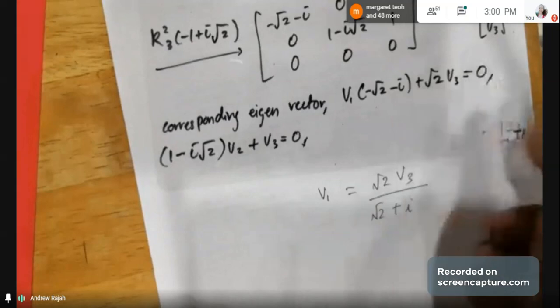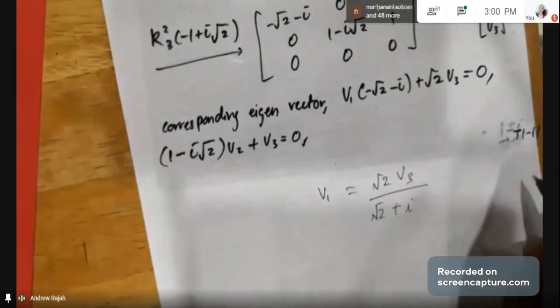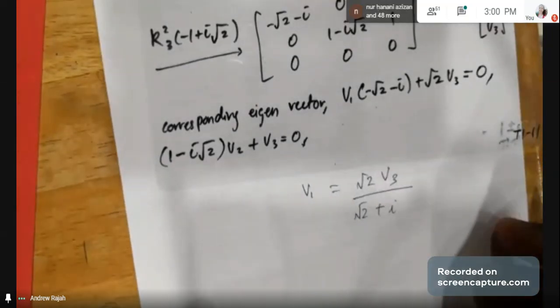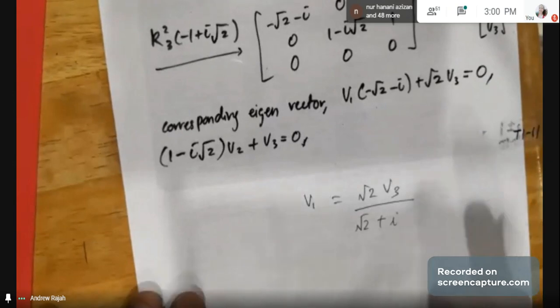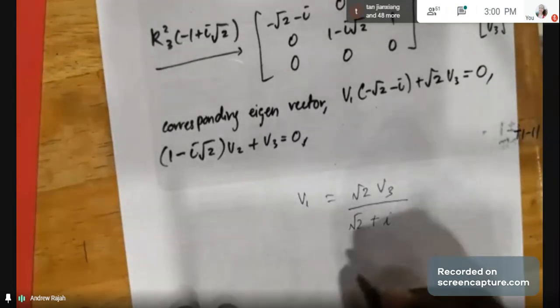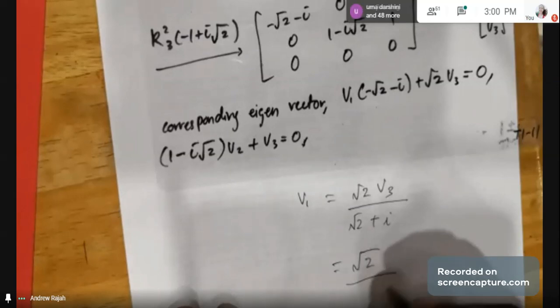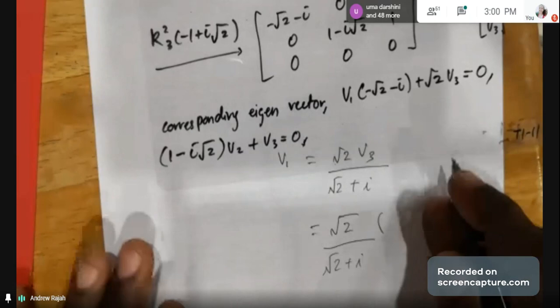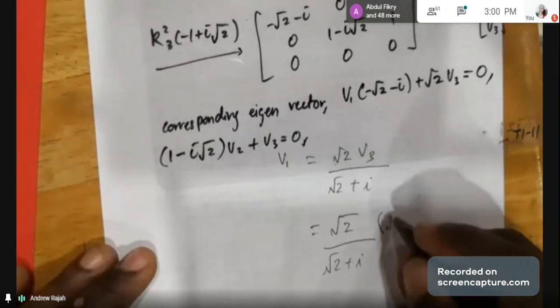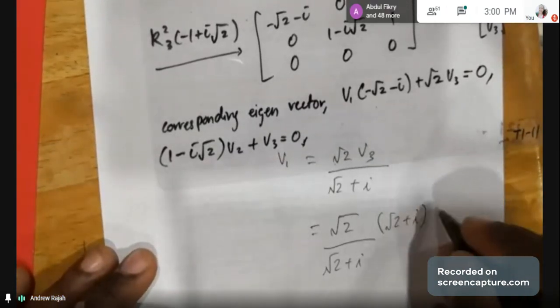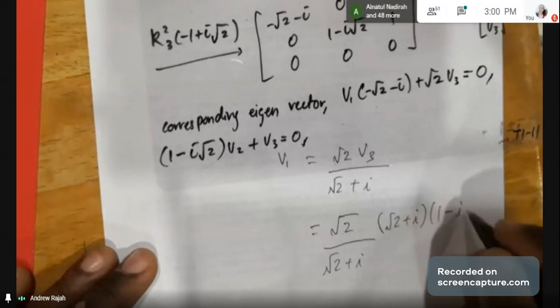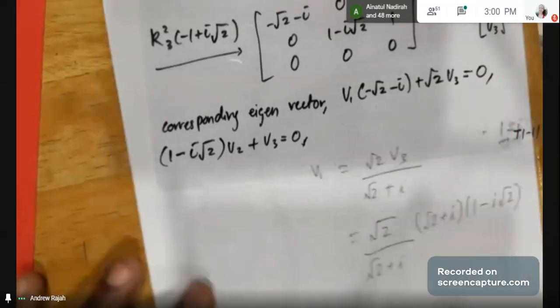The negative and this negative cancel off already. Because I purposely choose V3 as what? Square root 2 plus i times 1 minus i square root 2. Correct?